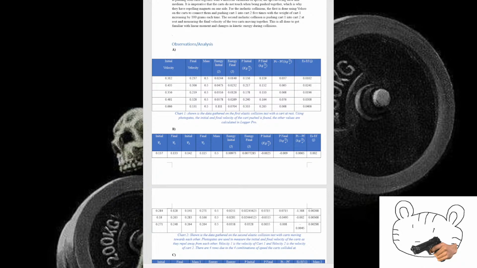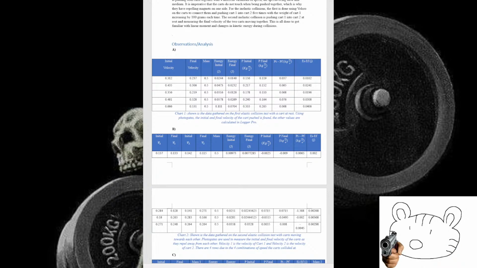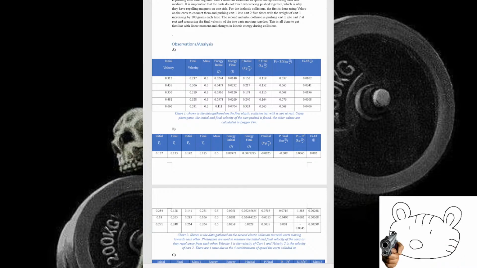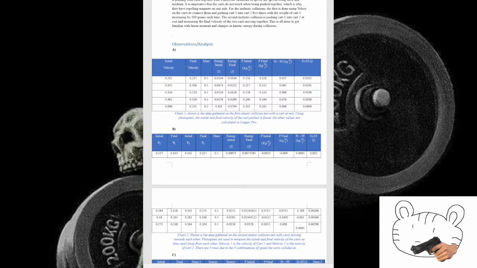If I hit grab options, is it different values or are they the same values? That one's the same. There should be one here, but there's not.